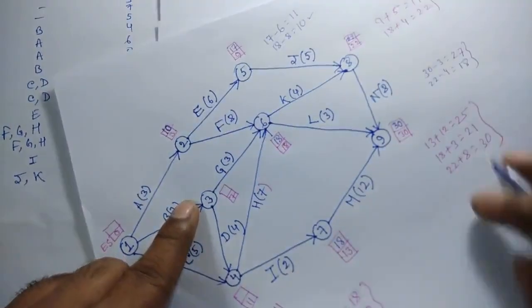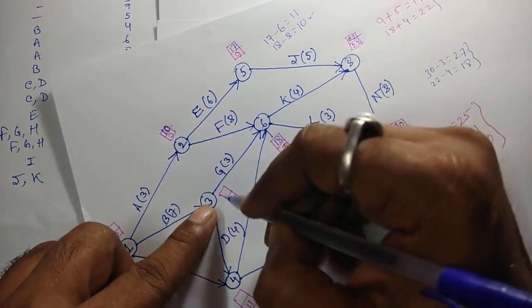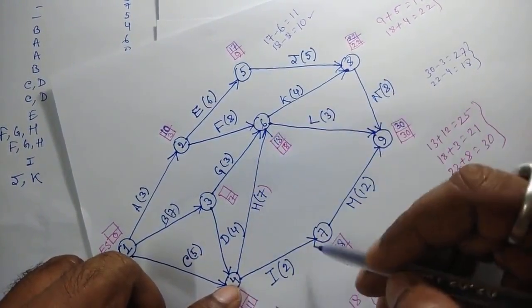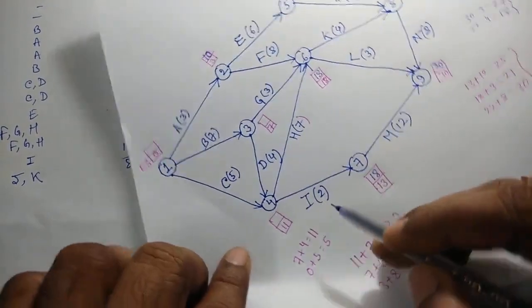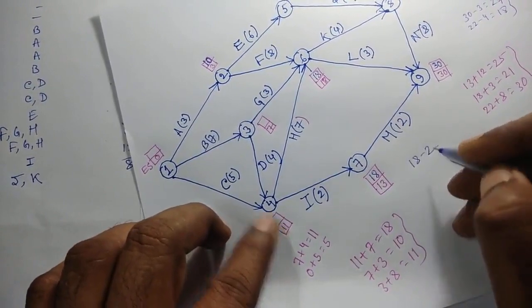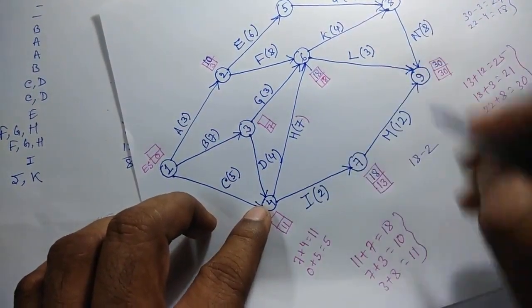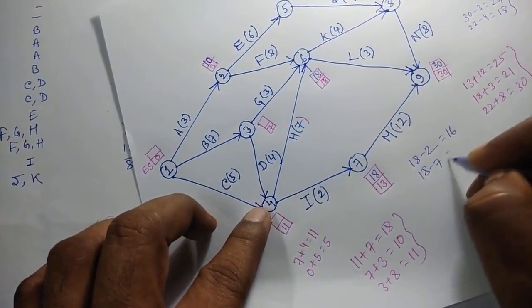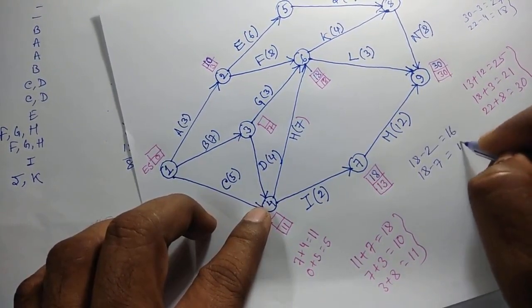Now for node 4, either 18 minus 2, that is 16, or 18 minus 7, that is 11.